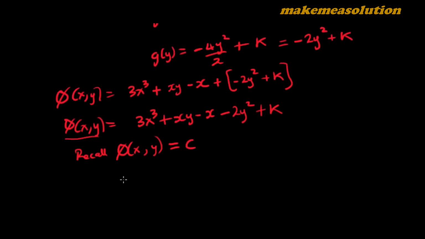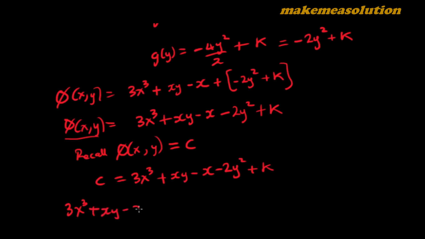So you can replace this with c is equal to 3x cubed plus xy minus x minus 2y squared plus k. So when you rearrange, you get 3x cubed plus xy minus x, then minus 2y squared is equal to c minus k and is equal to a.